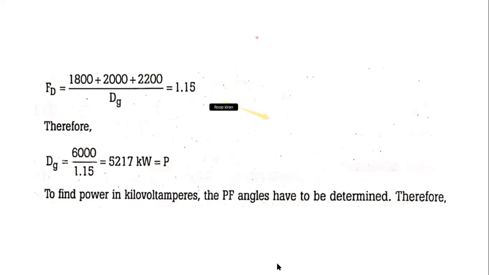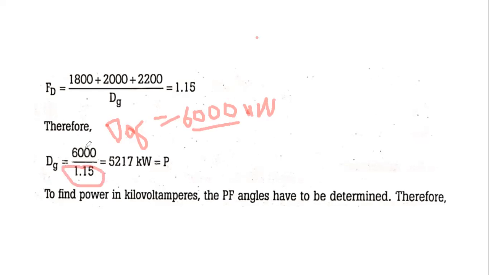Then we calculate the DC value, where DC means the generating demand. 1800 plus 2000 plus 2200 is 6000 kilowatts, divided by the diversity factor of 1.15.